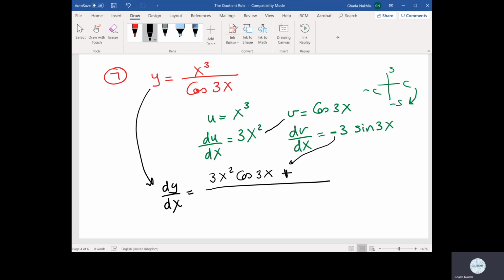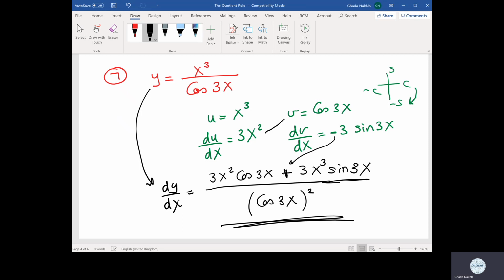Why? Because it's a minus minus. And then u multiplied by dv by dx, so I'm going to have 3x cubed sine 3x, divided by v squared, so cos 3x all squared. And you can simplify it further if you want to.